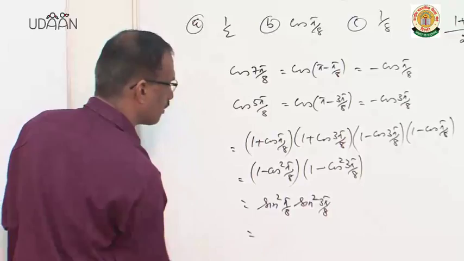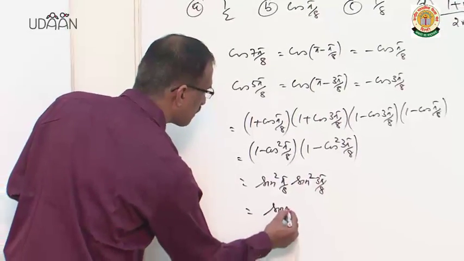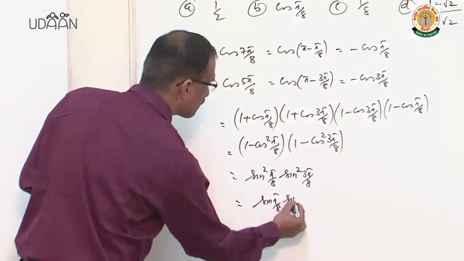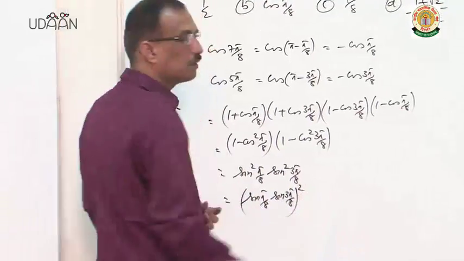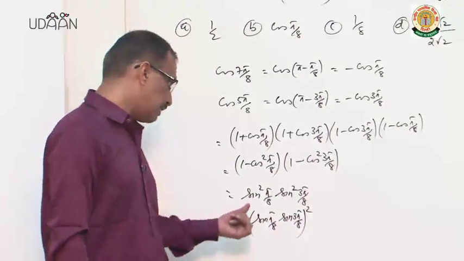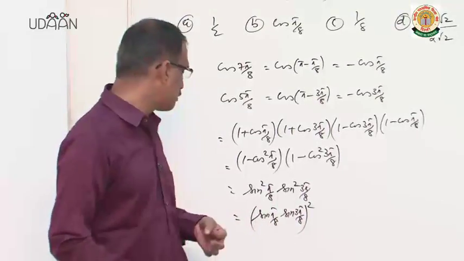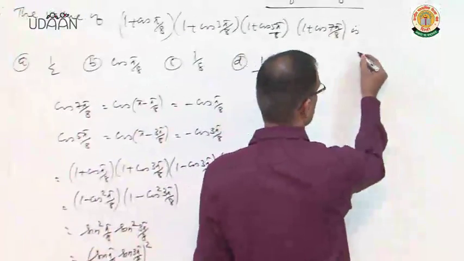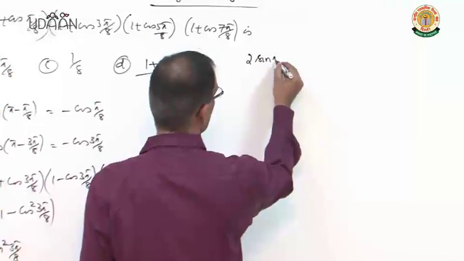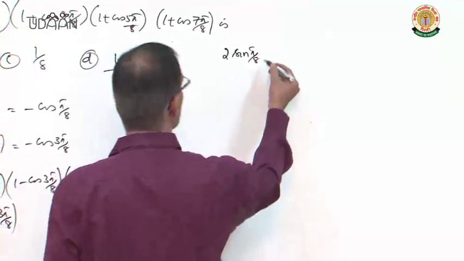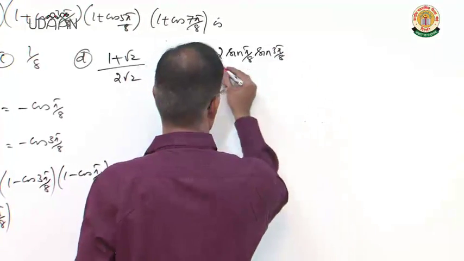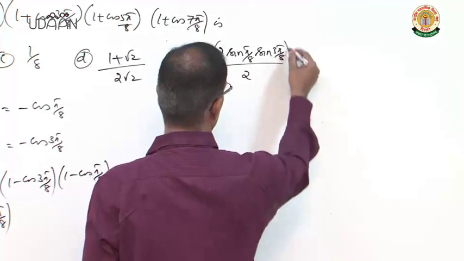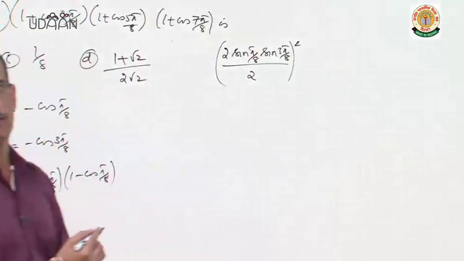Or another way around, we can write this as sin pi by 8 sin 3 pi by 8, the whole square. Now, multiply and divide by 2. So, this will give us 2 sin pi by 8 sin 3 pi by 8 divided by 2, the whole square.